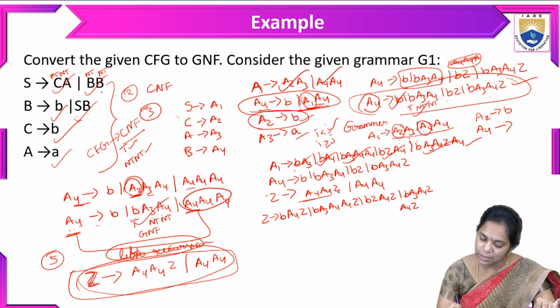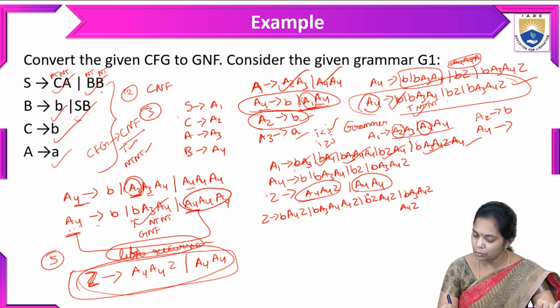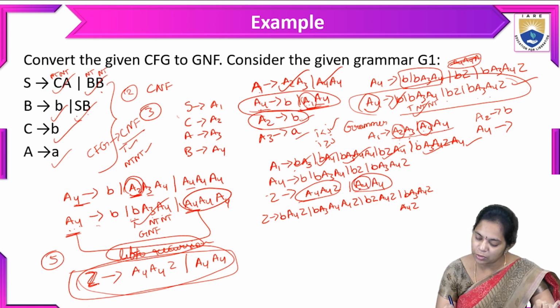And this part is finished, and for this part also we have to finish this. A4 is there. So here we will substitute this A4 and we will add this production rule A4, B, A3, A4, A4 and BZ, A4 and B, A3, A4, Z, A4.